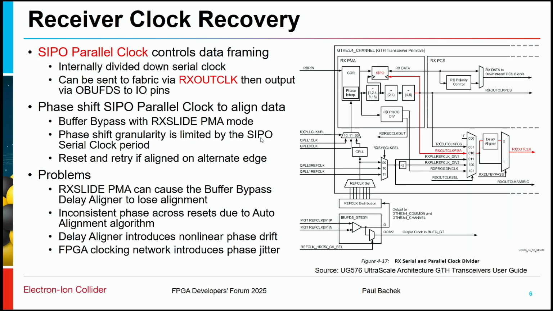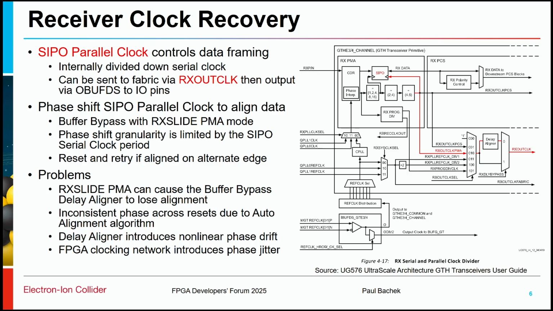So a little bit more tricky is the receiver recovering the clock. The serial in, parallel out register shown in the clocking diagram here, which looks a lot like the transmitter diagram, but the data's coming in instead of going out. It's the receiver end. The parallel clock, which is the clock path in red in the diagram, controls how data is deserialized out of the receive serial register and then presented eventually to the user logic.